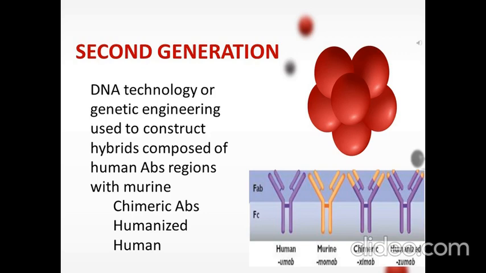This type of second generation monoclonal antibodies were much more effective and free from previous problems. The examples of second generation antibodies are chimeric antibody, humanized antibody, and human monoclonal antibodies.